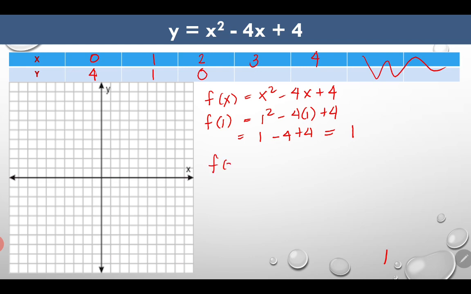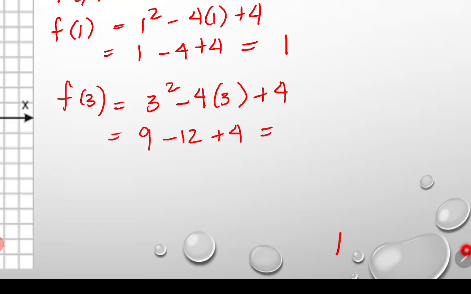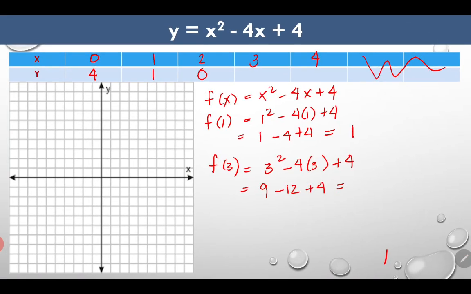Okay, f of 3. So that becomes 3 squared minus 4 times 3 plus 4. So 9 minus 12 plus 4. So 9 minus 12 is equals to negative 3, plus 4, which is equals to positive 1.